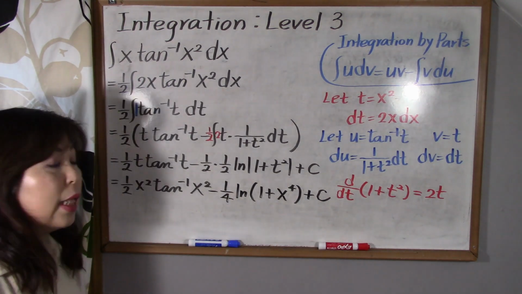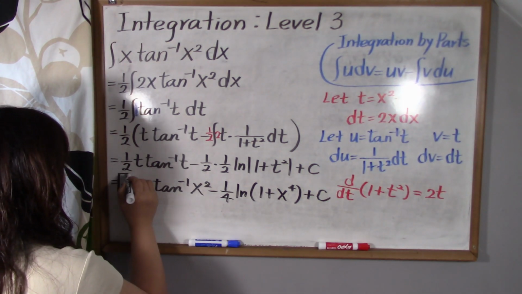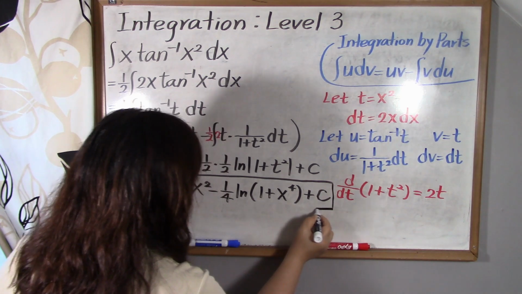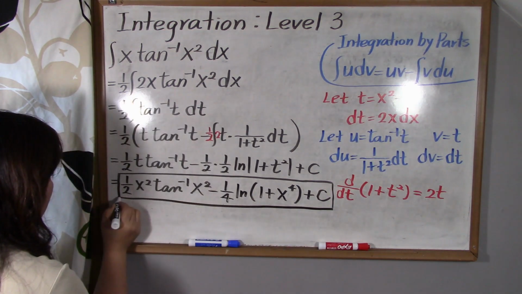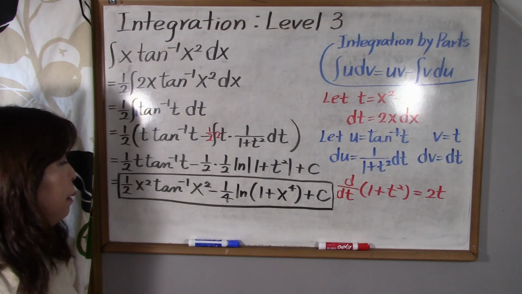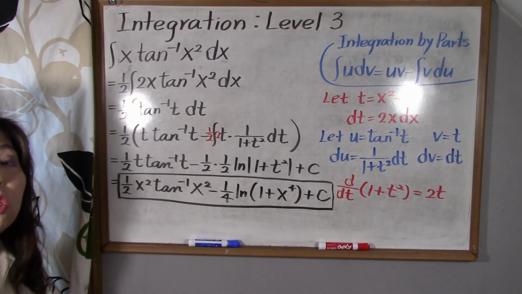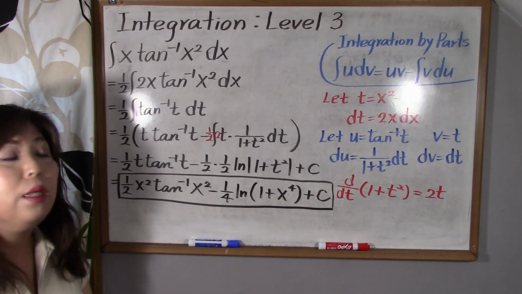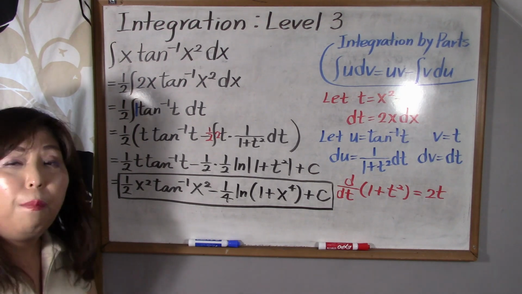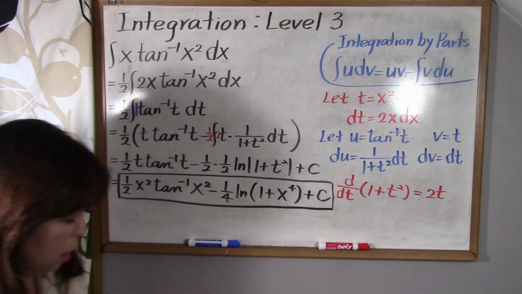So this is it. This is the answer: 1/2 times x squared times inverse tangent of x squared minus 1 over 4 times ln parentheses 1 plus x to the 4th power plus c.